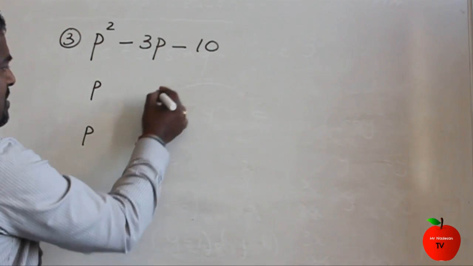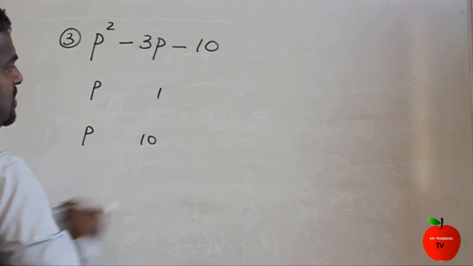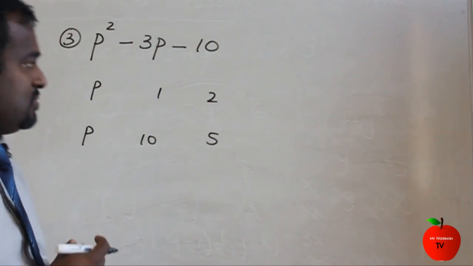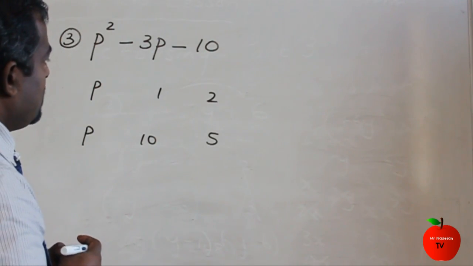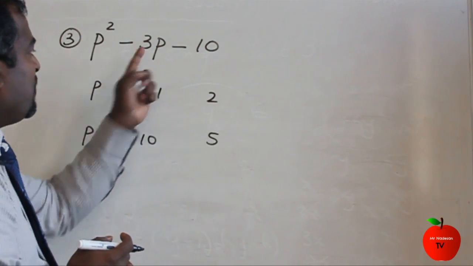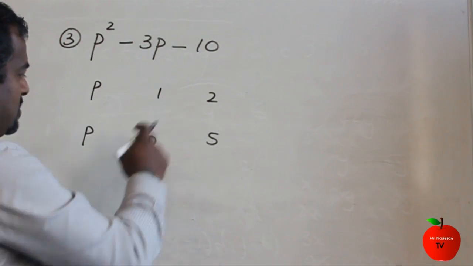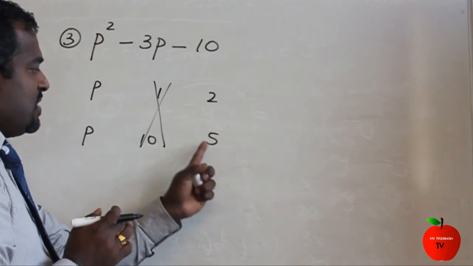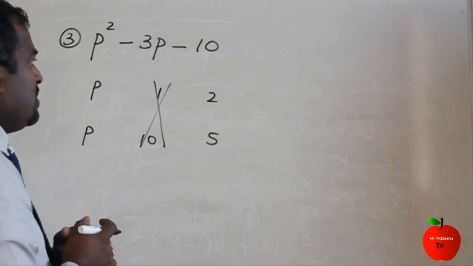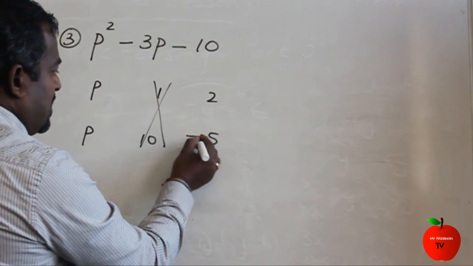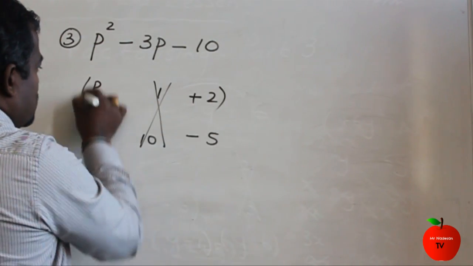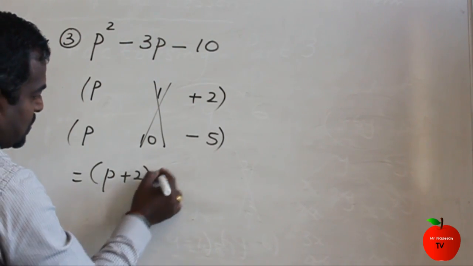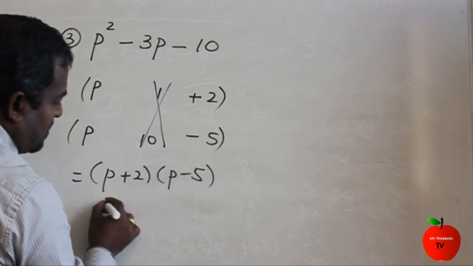What are the factors for 10? 1 times 10 and 2 times 5. Anything else? Not really. So what two numbers make a difference of 3? 10 and 1 can't, so we don't want it. 5 and 2 make a difference of 3. What is the sign here? Minus, so bigger minus, smaller number plus, and close the bracket. So the answer comes to p plus 2 and then p minus 5.